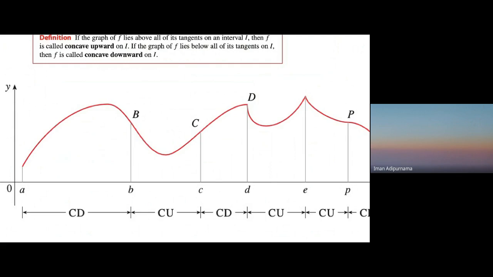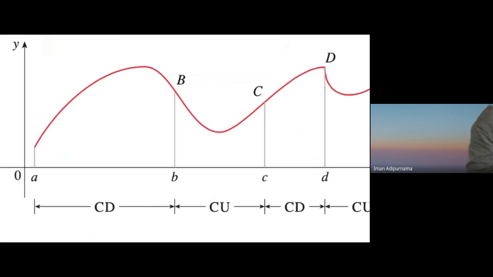Or if you want to make it more clear, you can use an arrow like this, going down like that, and because it's going down, we call it downward, right? I'm not sure what percent of students or people prefer visuals rather than words.